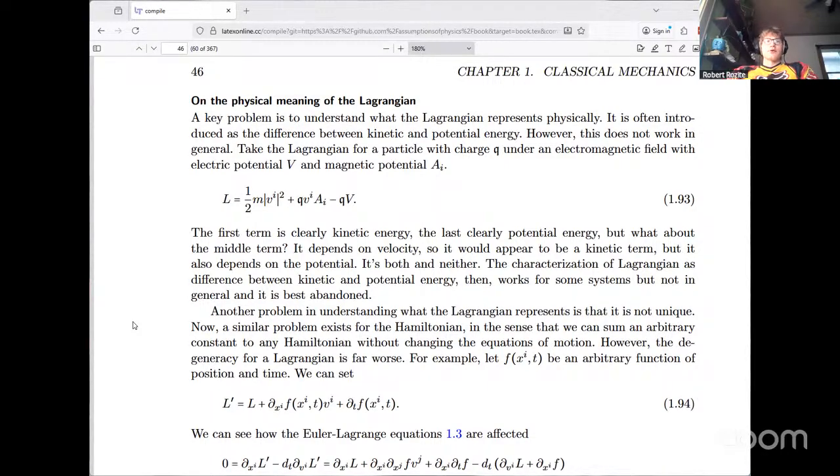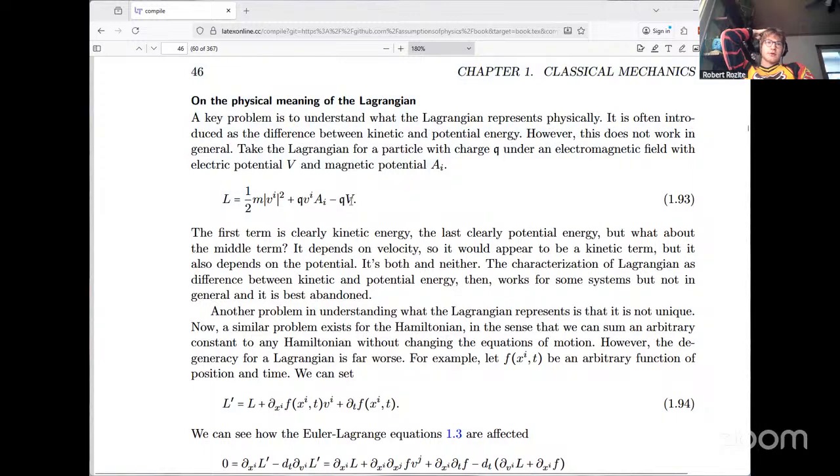Take the Lagrangian for a particle of charge Q under an electromagnetic field with electric potential V and magnetic potential A_i. And then we have an extra term that's not kinetic energy or potential energy. The first term is clearly kinetic energy and the last clearly potential energy.